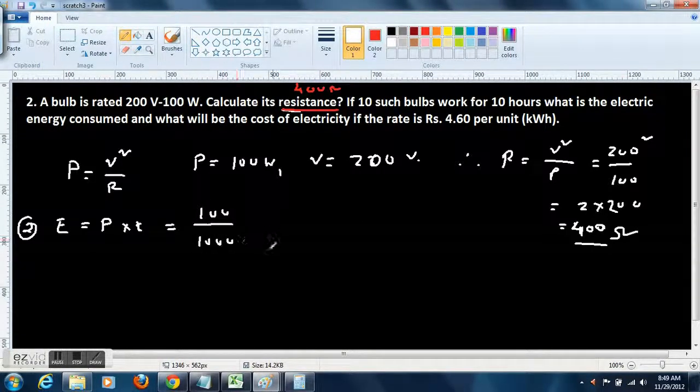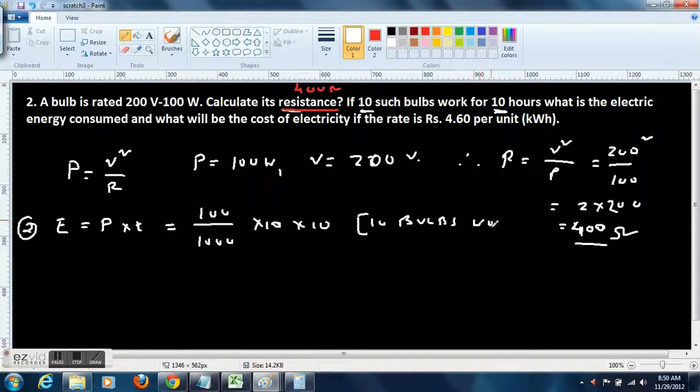Now the bulb is 100 watt, that means 100 by 1000 kilowatt, and time is 10 hours, and the number of bulbs is 10. So total energy consumption will be power multiplied by hours of operation multiplied by number of bulbs.